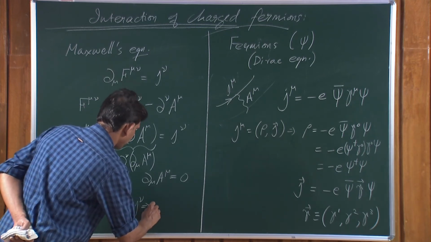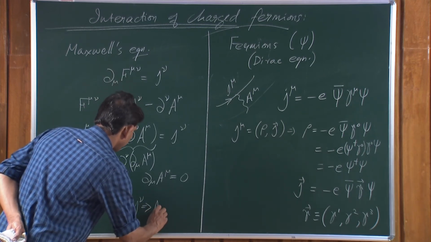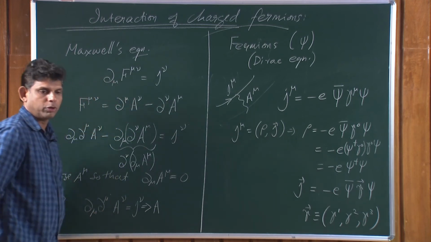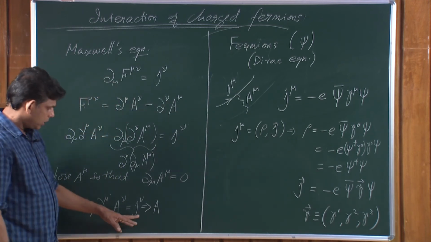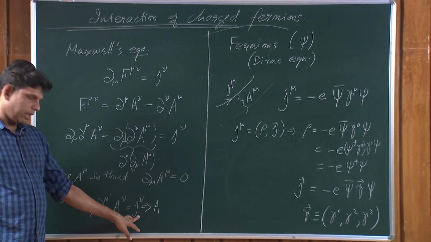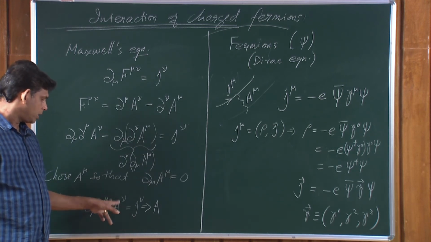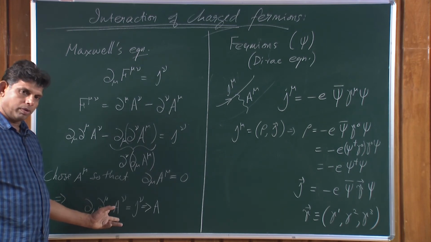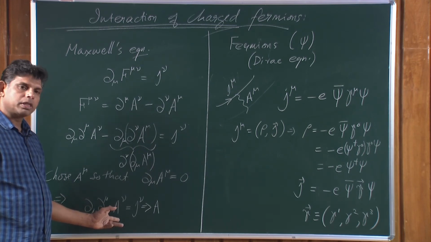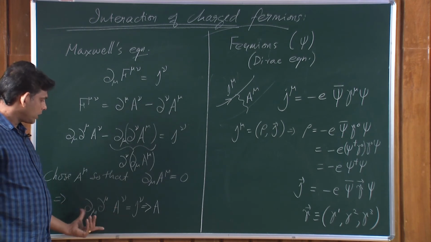Without going into the details, we can find a solution. Remember, what do you mean by solution? For a given J source, the electromagnetic field everywhere, represented by A mu, satisfies this equation.